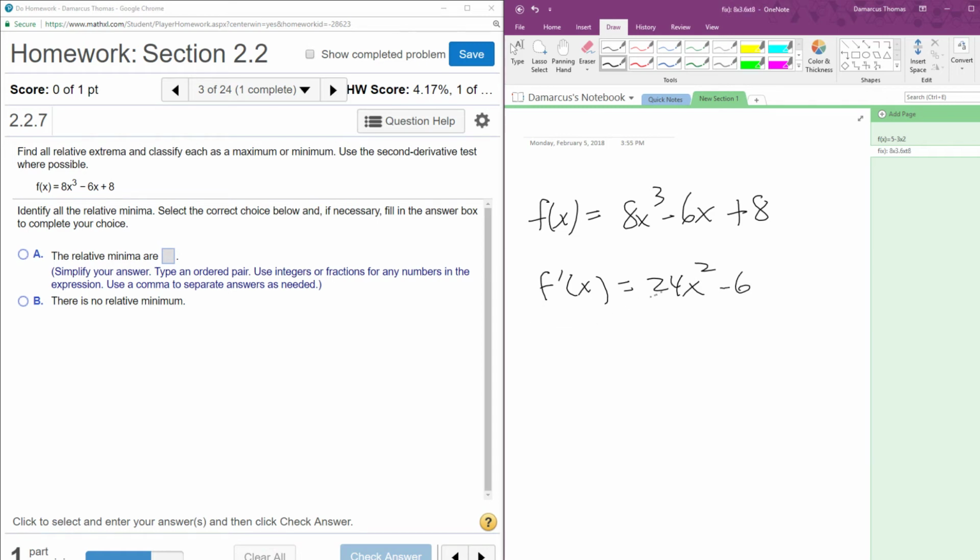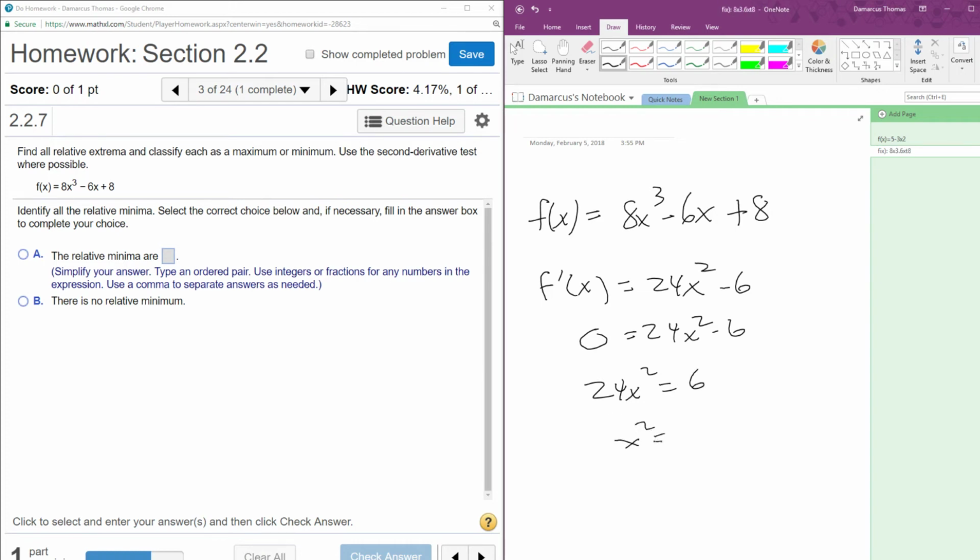And then I'm going to locate all of my critical values. So I'm going to set this equal to 0. Now I like to have my x's on the left, so I'm going to switch it and flip it and get that 24x squared is equal to just positive 6. And divide both sides.